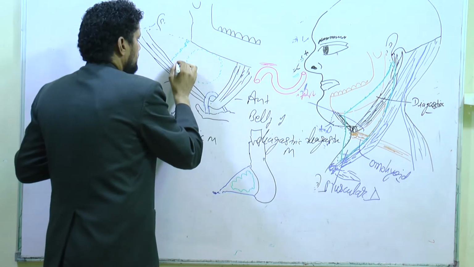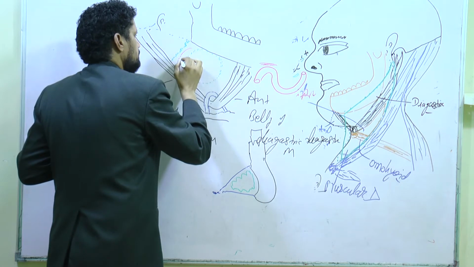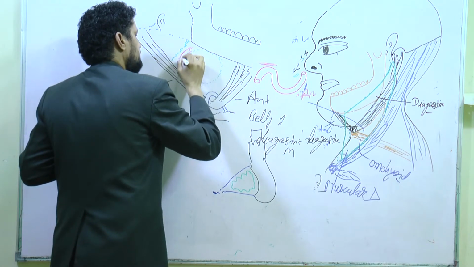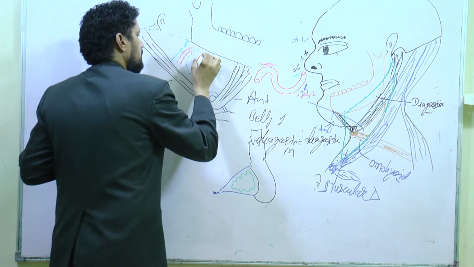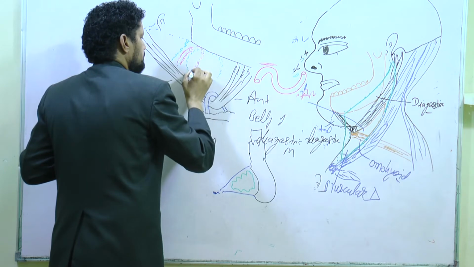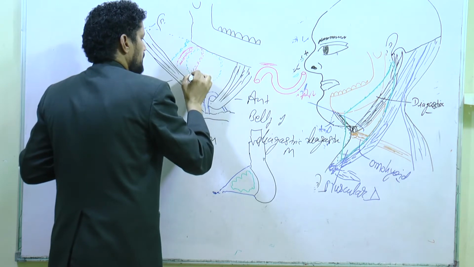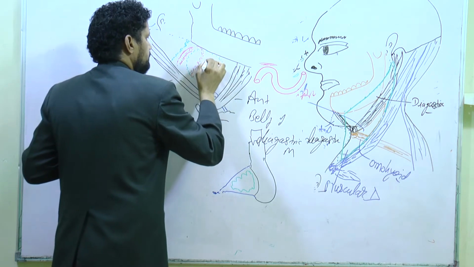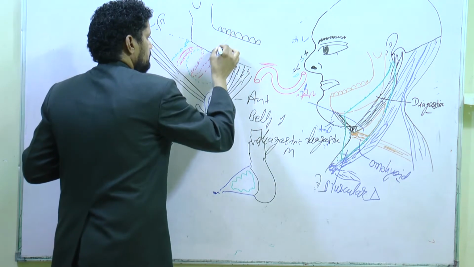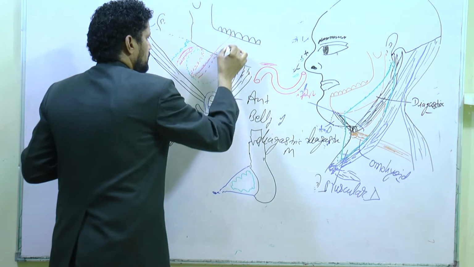The posterior end is grooved by the ascending cervical part of the facial artery. So the course of the artery is like this.